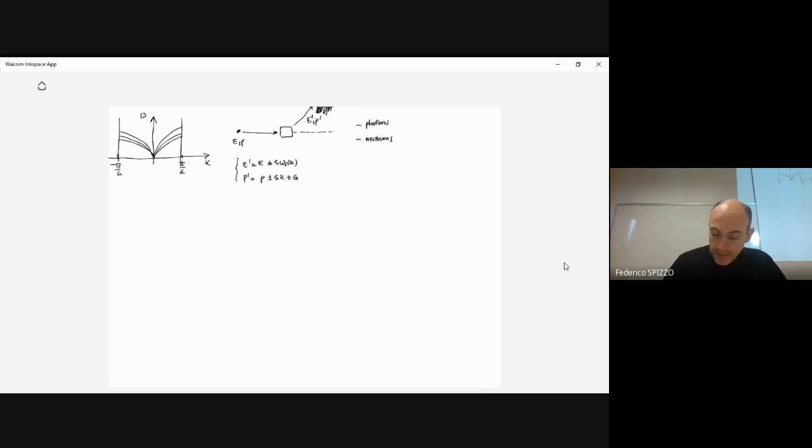Now, let's see what the features are in case we use photons. For photons, the energy is equal to the Planck constant times the frequency, and we may write the frequency as c divided by lambda.